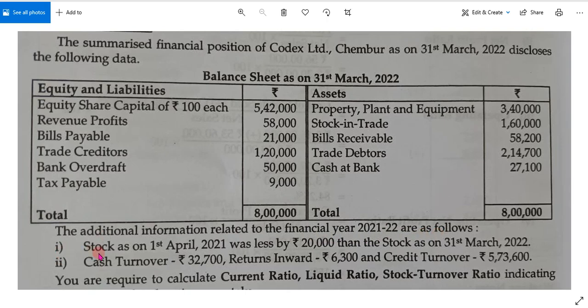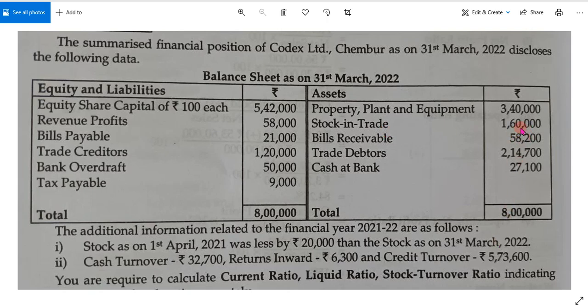Number 1, stock as on 1st April 2021, that means opening stock, was less by 20,000 than the stock as on 31st March 2022. In the balance sheet, stock in trade 1,60,000 is given.